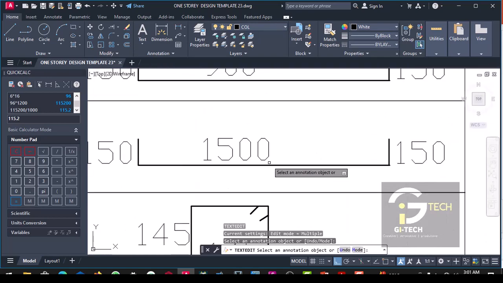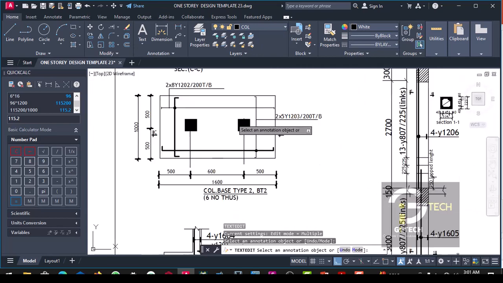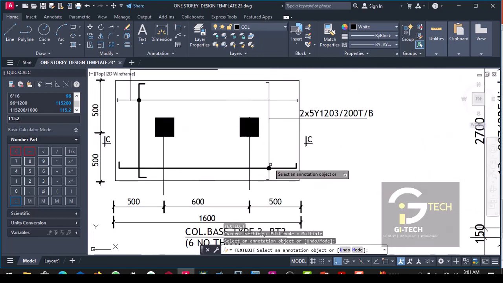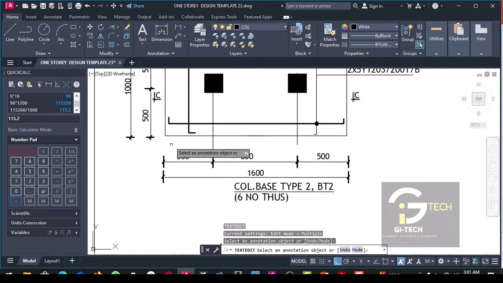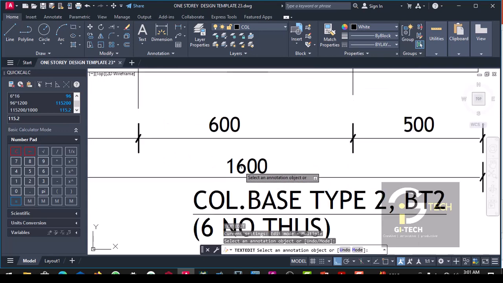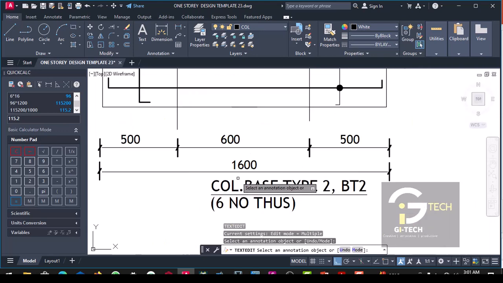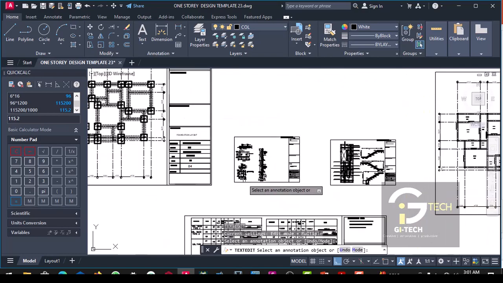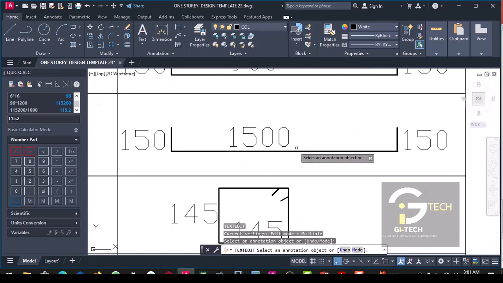Okay. So let's look at the shape. This is the shape of O3. So the same shape, but the length from here to here is 1600. So you subtract 100 from it, and you will have 1500. So that is why we have the 1500 here.